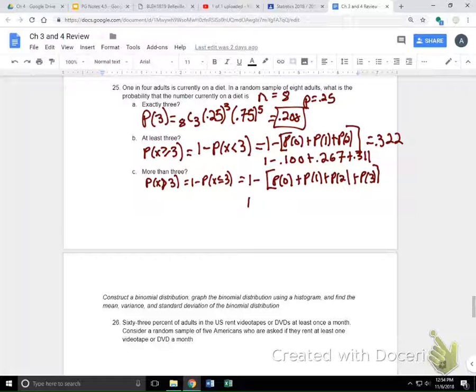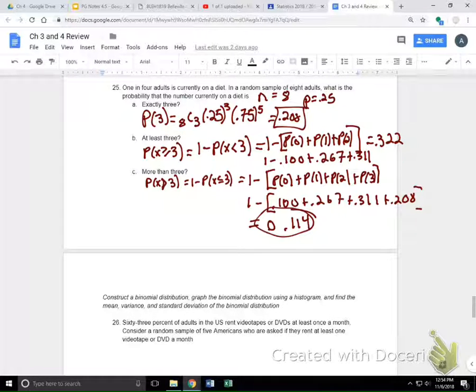And then here I have 1 minus 0.100 plus 0.267 plus 0.311 plus 0.208. And when we perform this, we see that's 0.114. So again, we're using the fact that we can find the complement to not have to do as many steps in solving. We're on to the last 2 pages.